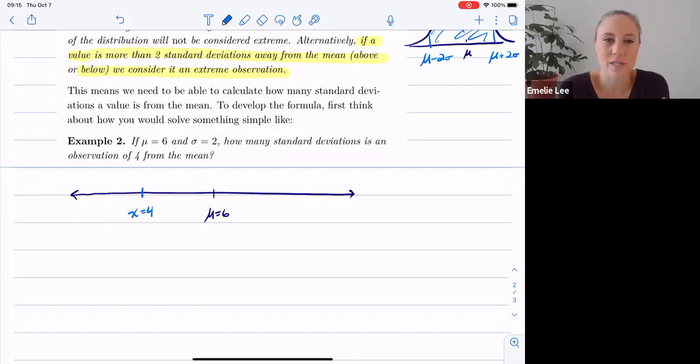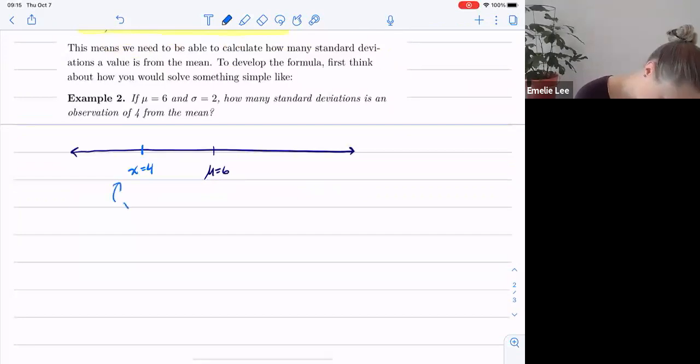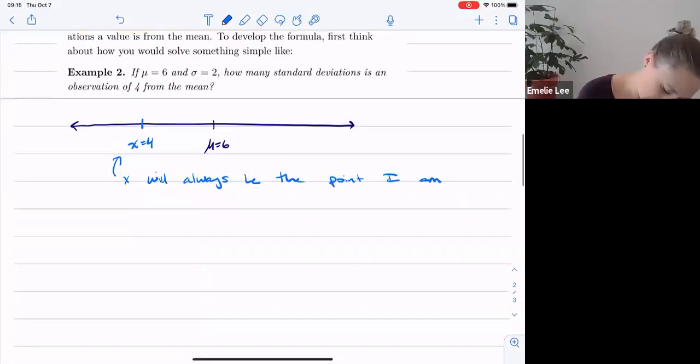X is always going to be the point that I'm interested in.